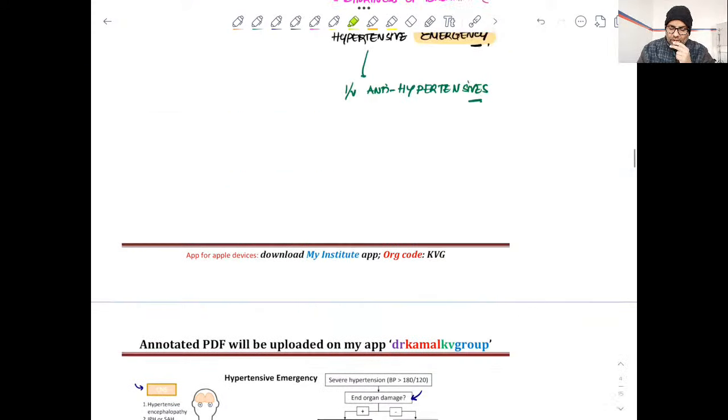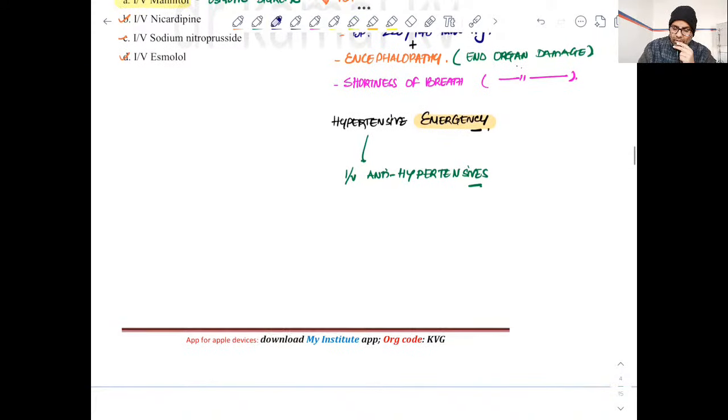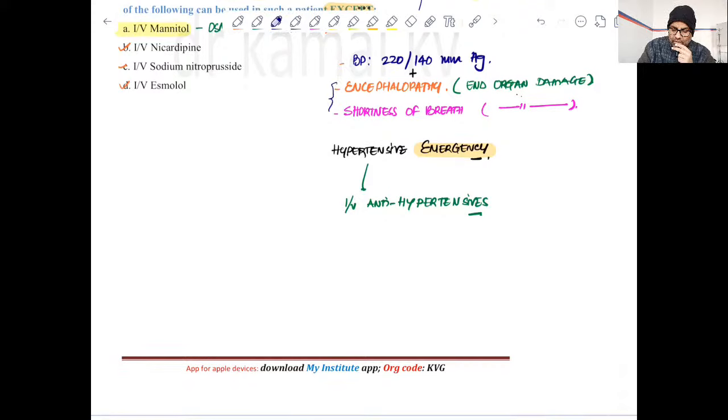If end organ damage is absent, then it will go in hypertensive urgency. Clear? So this is hypertensive urgency, and urgency can be managed by oral antihypertensives. Fine?